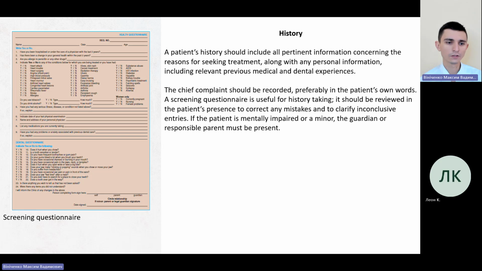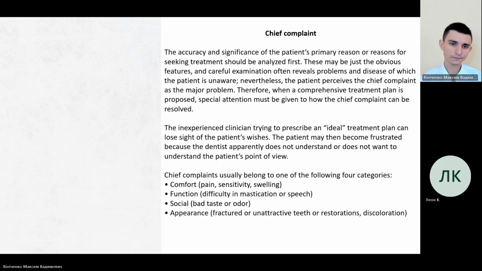The example of a screening questionnaire you can see in the picture. It should be reviewed in the patient's presence to correct any mistakes and to clarify inconclusive entries. If the patient is mentally impaired or a minor, the guardian or responsible parent must be present.